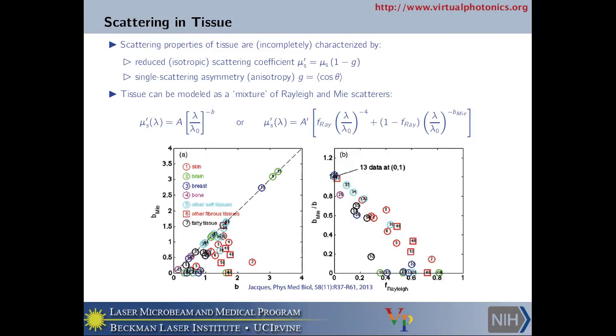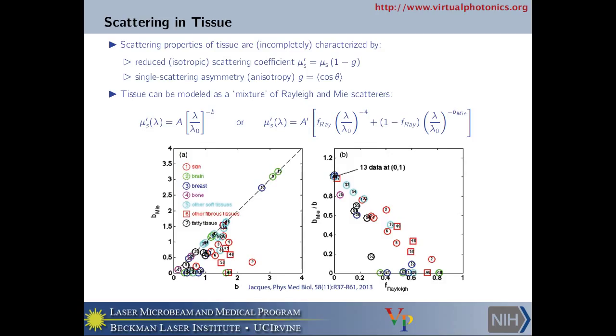So sometimes they do a single power law. You can be a little bit more sophisticated and say, well, I know that I have some number of scatterers in my tissue that are really small. So a fraction of my scatterers in tissue are Rayleigh scatterers. We'll call this the Rayleigh fraction. The rest of them are not Rayleigh scatterers, they're Mie scatterers.